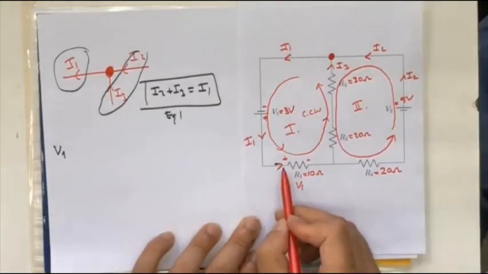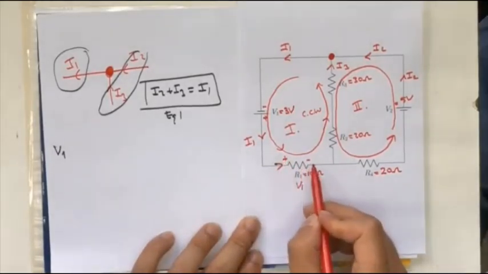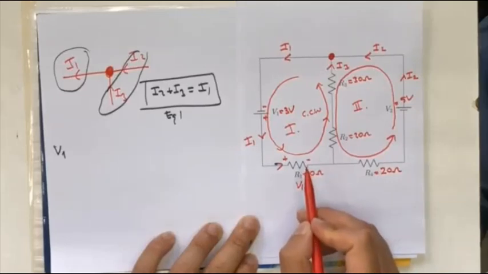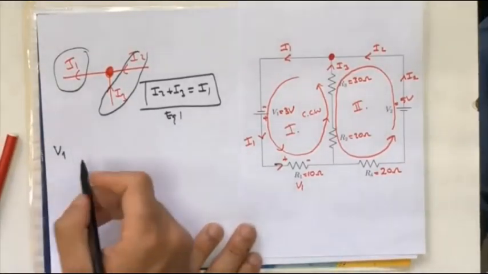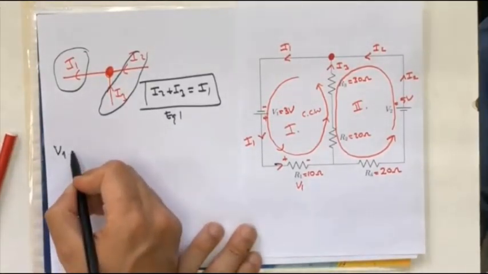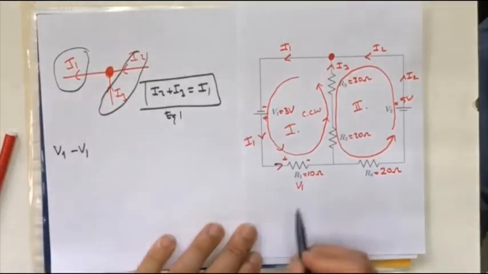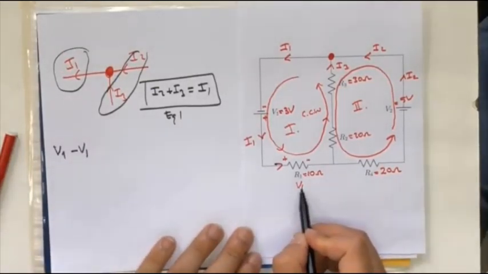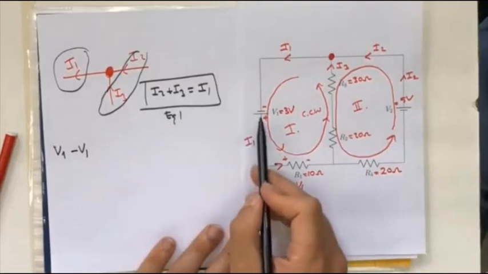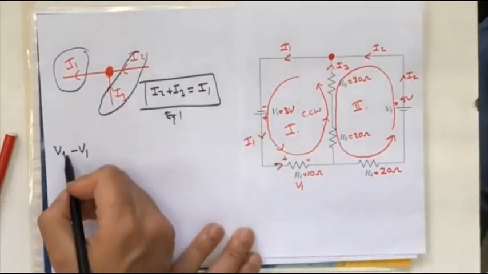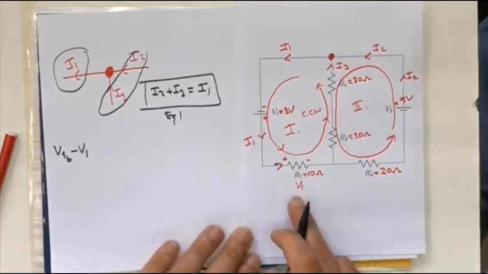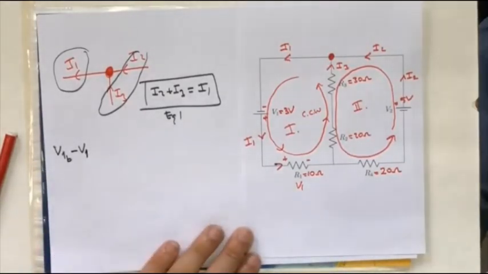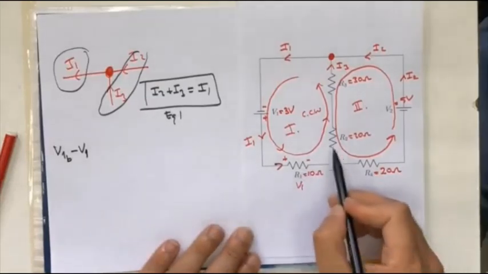The current flows from high potential to low potential, so it reduces the energy of the charges. So the voltage V1 will be negative, and here I will write minus V1. In order not to confuse V1 and the battery, I will write V1B for the battery, and for the resistor V1. Let's put it like that. Then I'm going on.